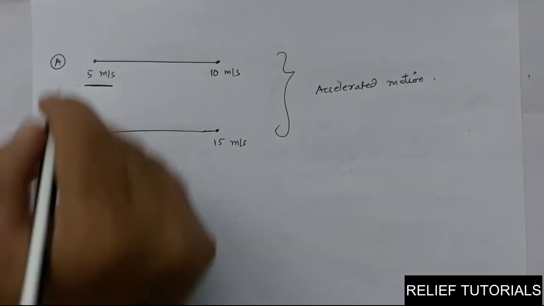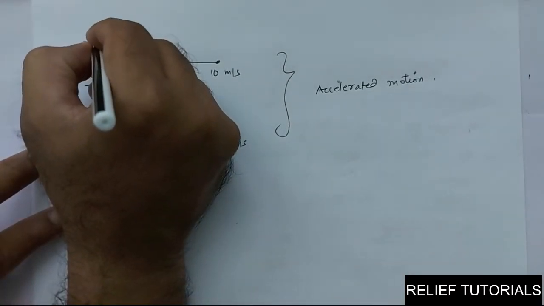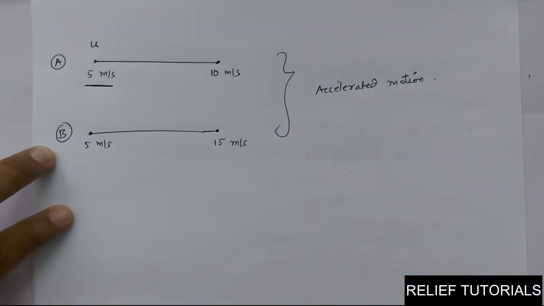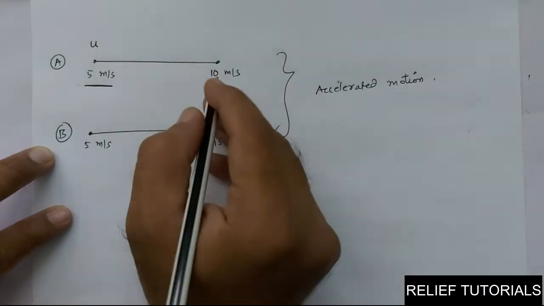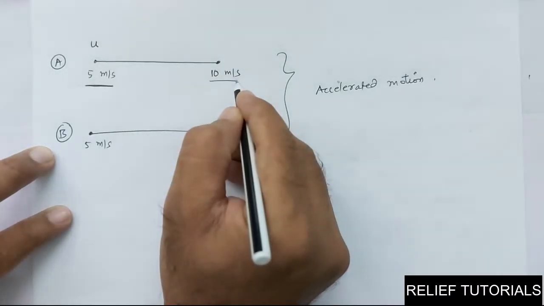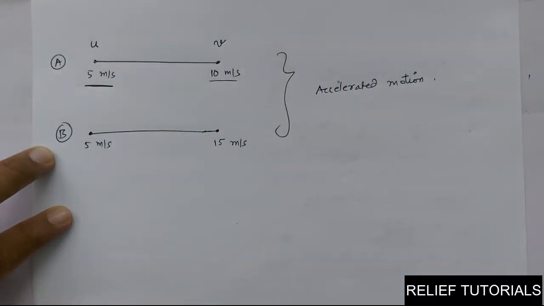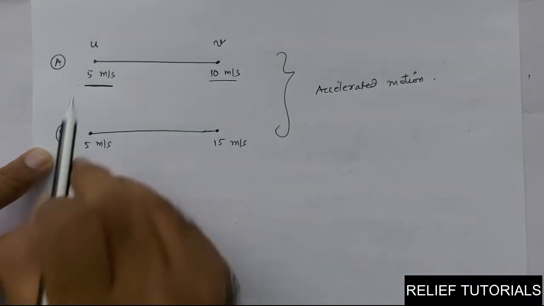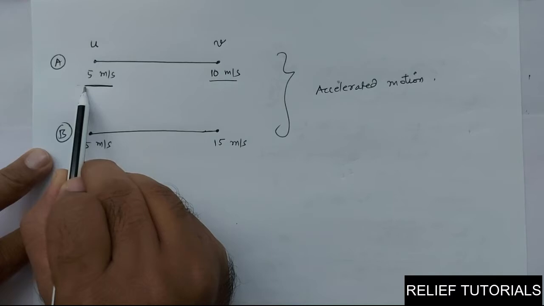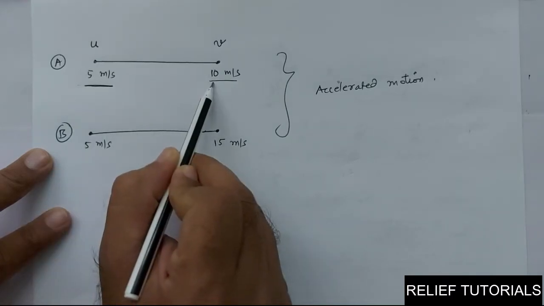Initial velocity is symbolized as u, and the final observation, meaning final velocity, is symbolized by v. Here initial velocity is 5, final velocity is 10.